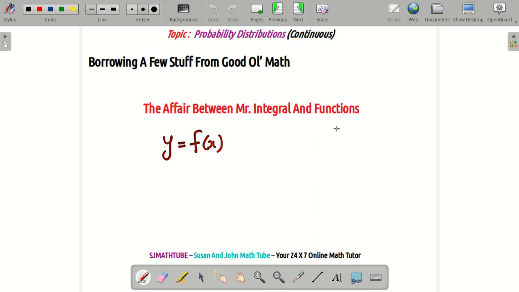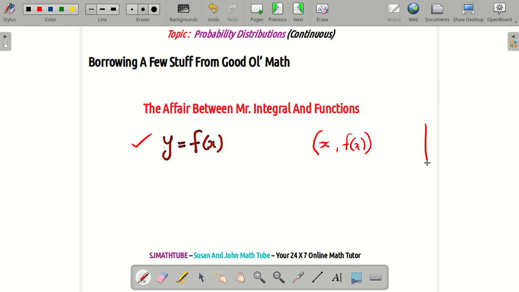Let's start with the function, and I'm sure you know how to represent a function y equal to f of x. When you represent a function like this, it means the input value is x and the output value is f of x. So for every input we have an output, and that input comma output creates a coordinate.